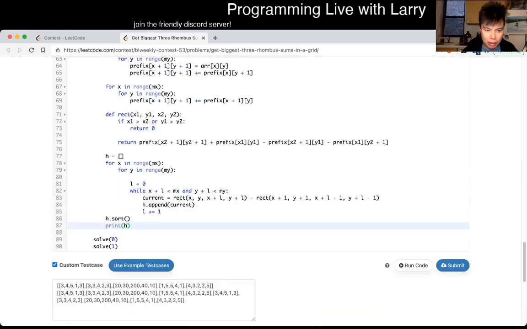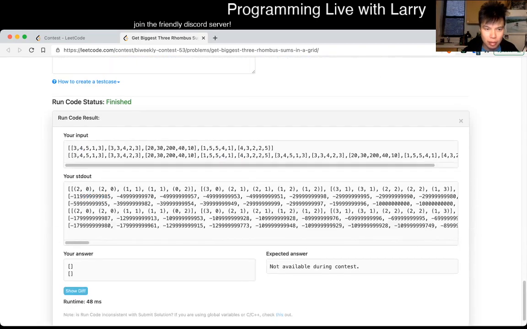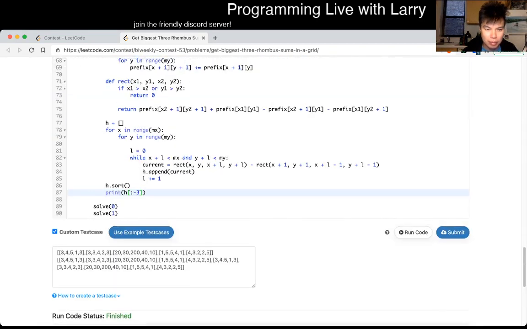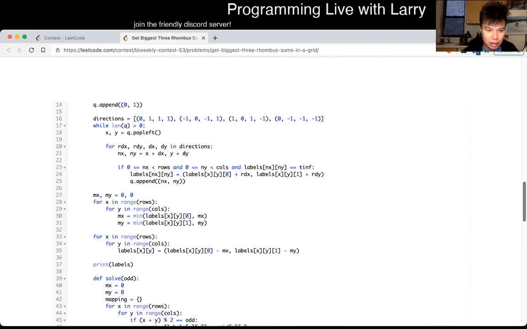That printing out didn't help, but let's look at the last 3 elements. Oh, I always mess this up. Last 3 elements. Are these the right answers?